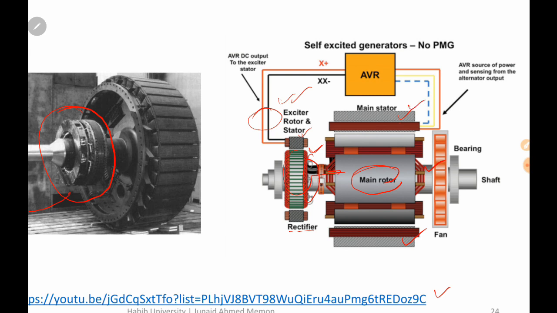The stator voltage and stator currents are the main voltage and current, and those are much higher in magnitude than these values, because this is just a field current supplying it. So you can actually implement a closed loop control if you want to control how much voltage you want, and that closed loop control is called the AVR, automatic voltage regulator.